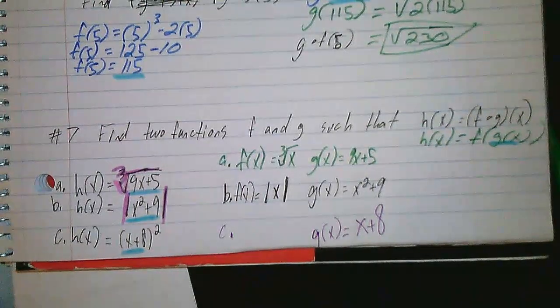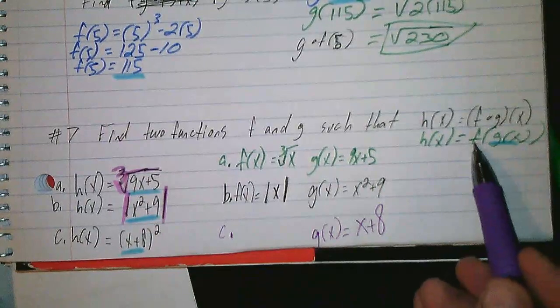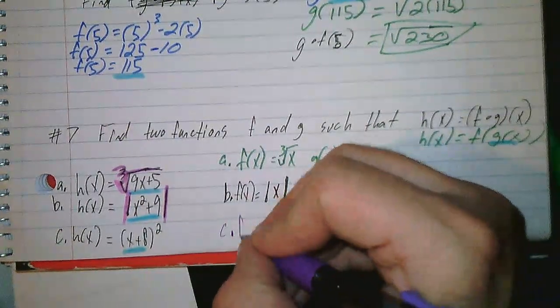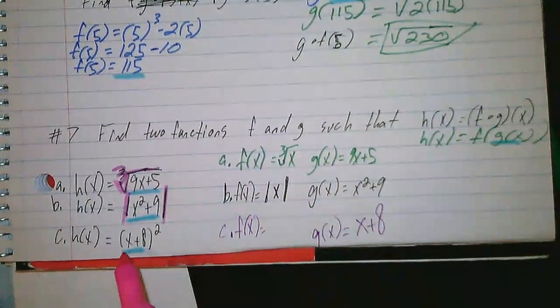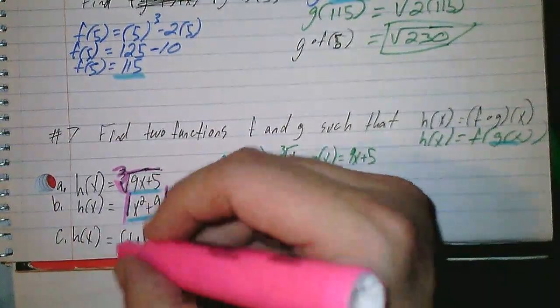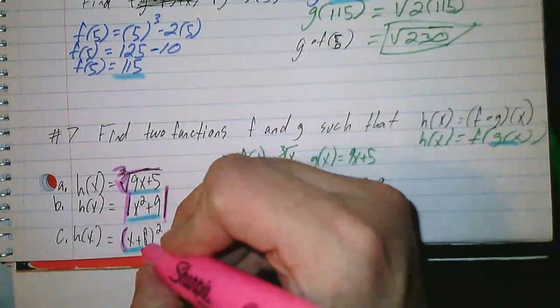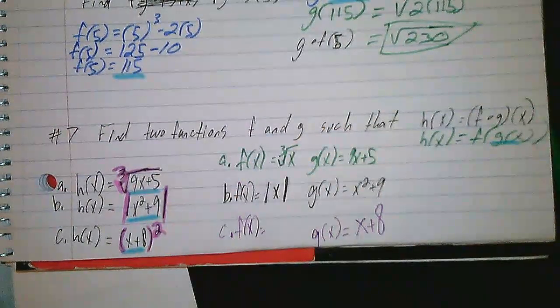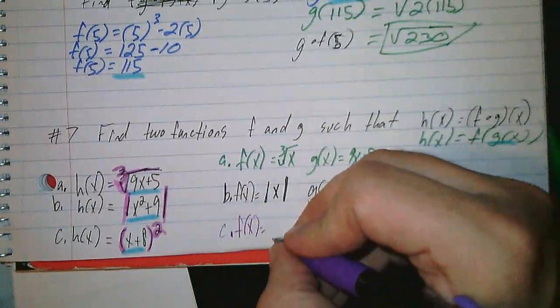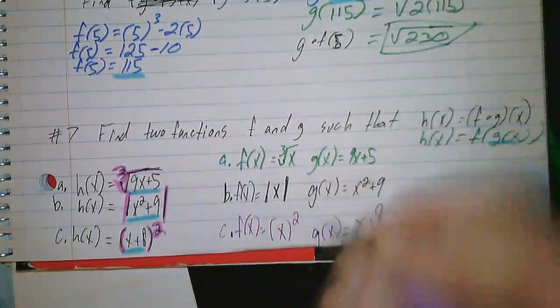And what is the x plus 8 being plugged into, which would be our f of x? X plus 8 is getting plugged into a squared parenthesis, or x squared.